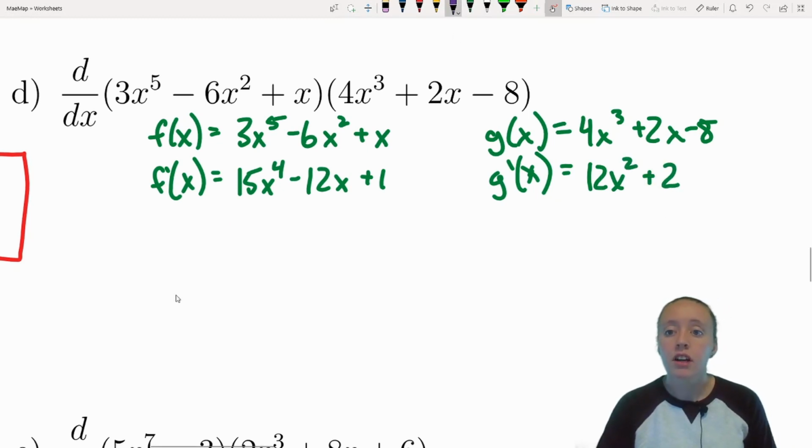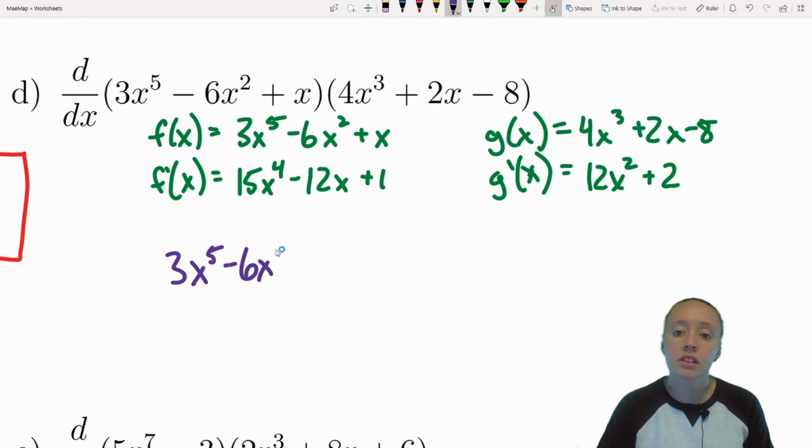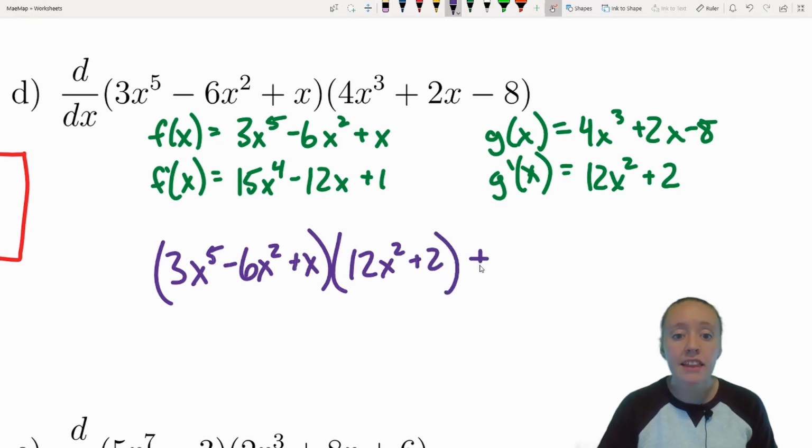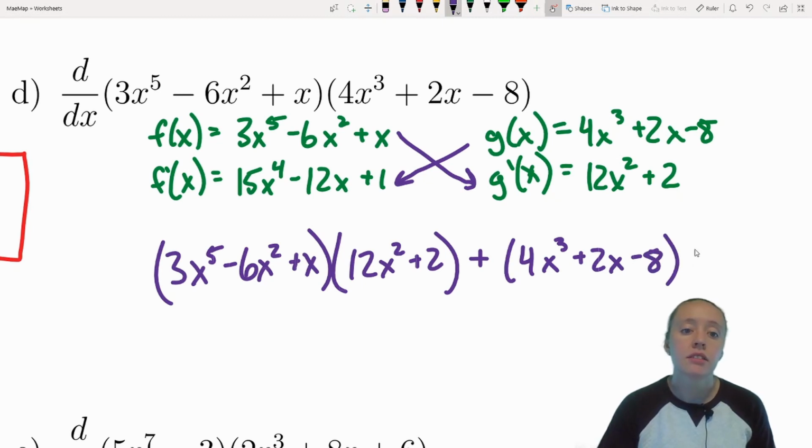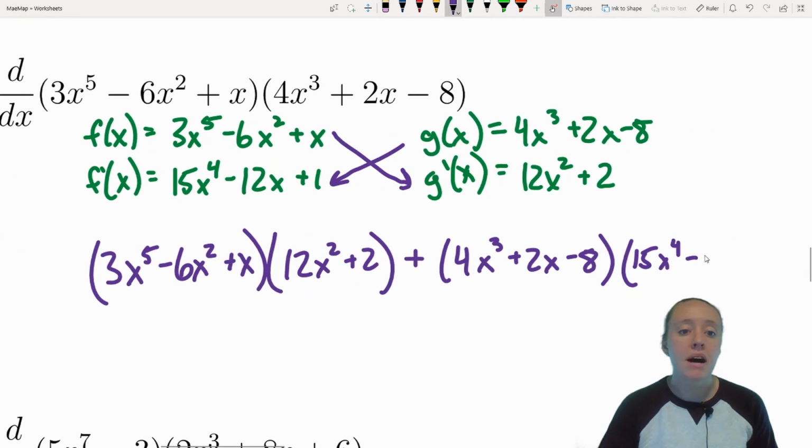So here we have it. Our derivative of our entire function is going to be 3x to the fifth minus 6x squared plus x times 12x squared plus 2, and we're going to add that to 4x cubed plus 2x minus 8 times 15x to the fourth minus 12x plus 1.